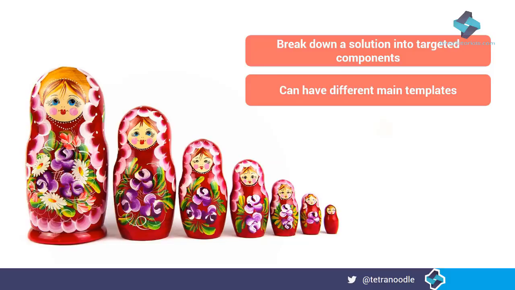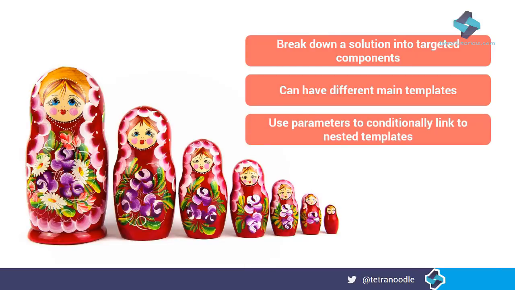You can reuse nested templates with different main templates. Now this is a great feature as it allows you to create modular Azure ARM template code that can be reused for different applications. You can also use parameters to conditionally link to nested Azure ARM templates. When you do this, the parameter becomes a part of the URI for the template.